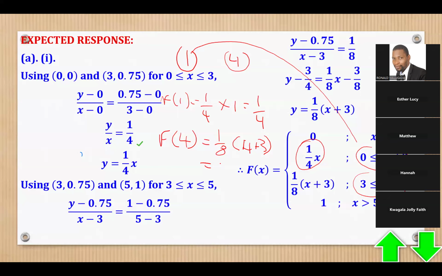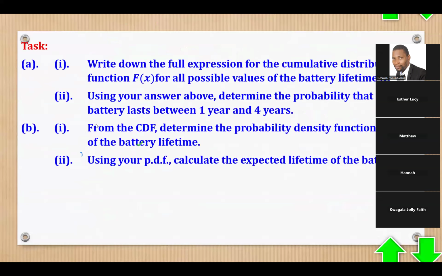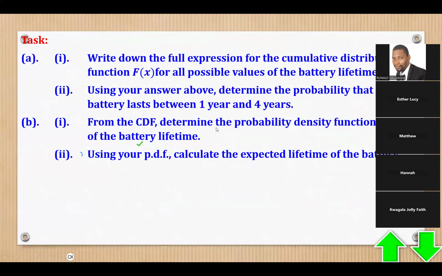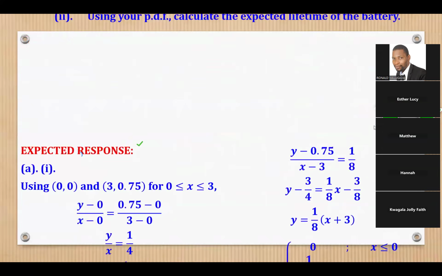What you cannot get are the mean, variance, and standard deviation. Those you must first convert to small fx. So we're also going to see how to convert. I think it was part of the question. They said from the CDF, determine the PDF. It is in the next Roman. We are going to see how to convert from capital Fx to small fx.